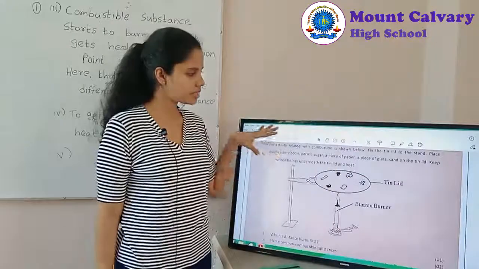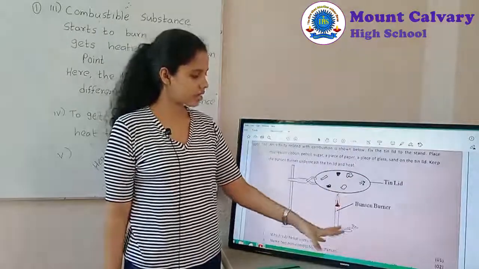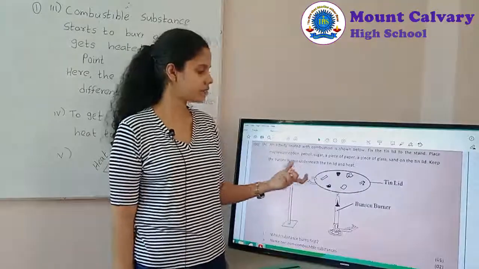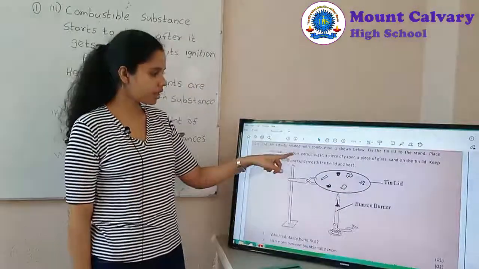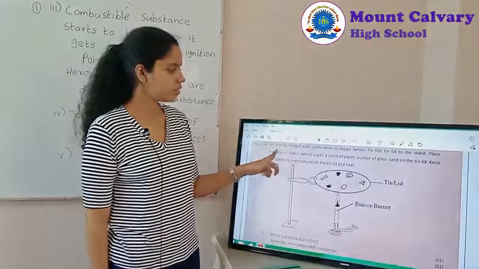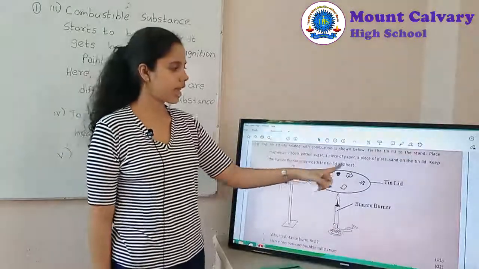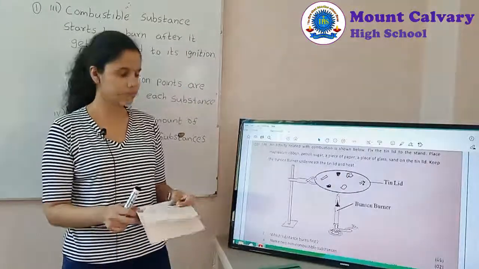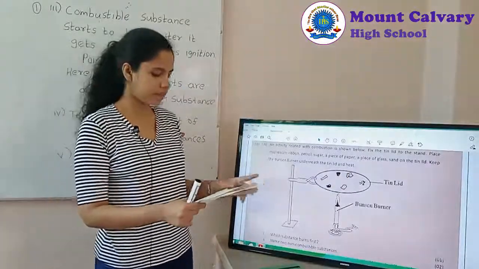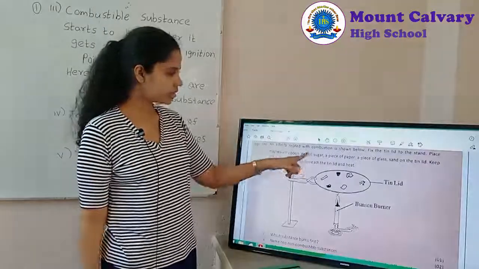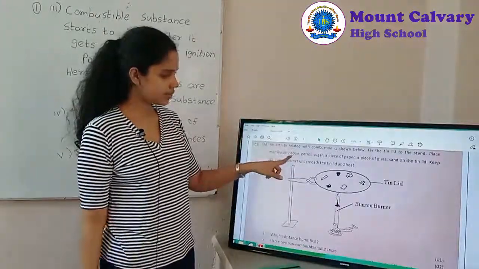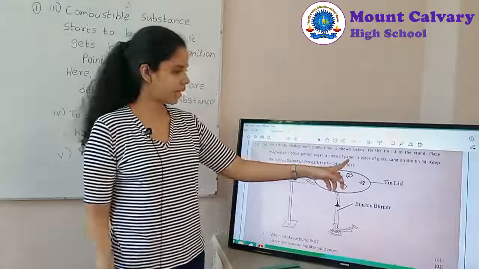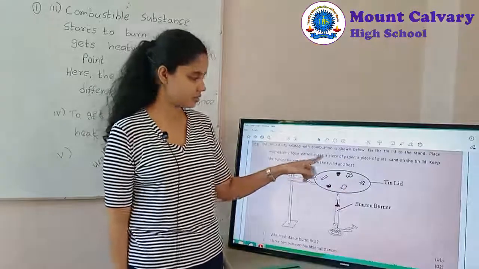Now from these substances, when you start the Bunsen burner, only a few substances start to burn, right? What are the substances that start to burn? Magnesium ribbon, petrol and a piece of paper, and sugar also.